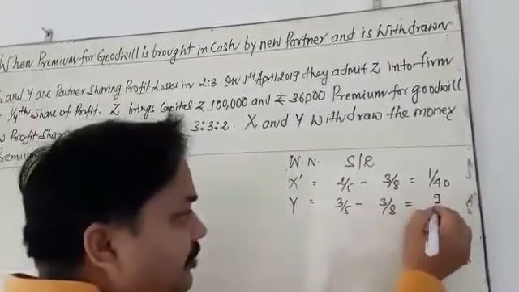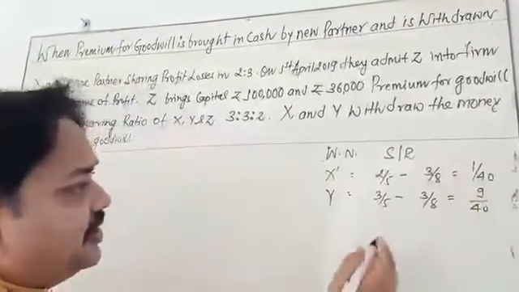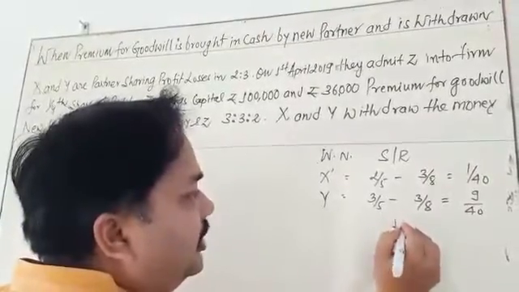You have to write 9/40. This is the sacrificing ratio, which you have already obtained as 1:9.